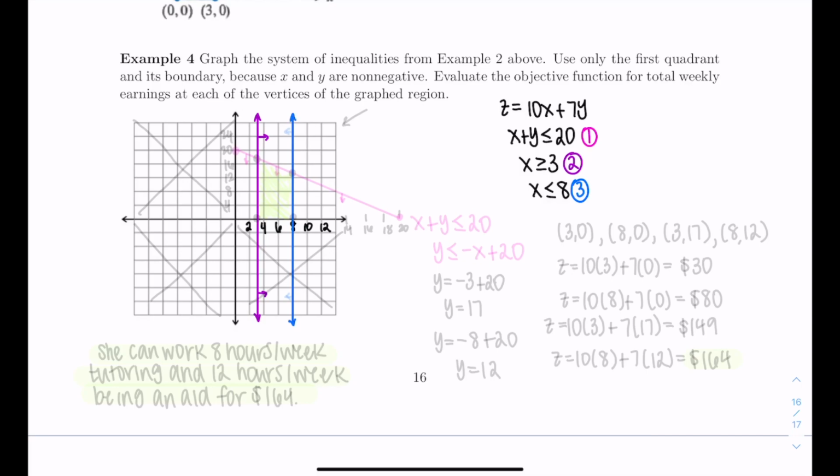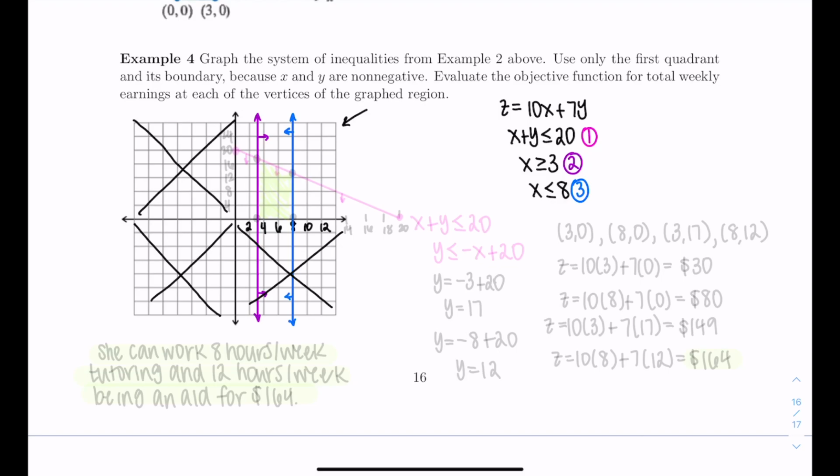It's also going to be solid, but we're shading to the left. And remember, we're only working in the first quadrant, which is this quadrant right here. So we don't need to worry about this quadrant or this quadrant or this quadrant.